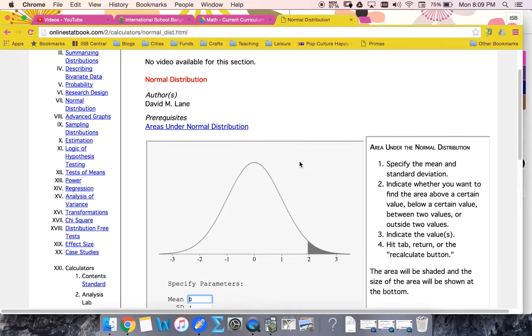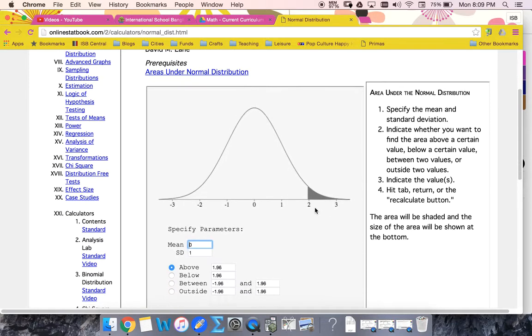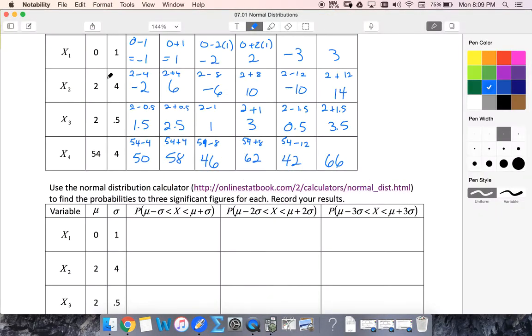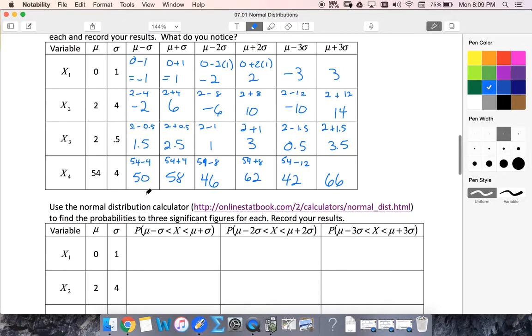This is going to calculate our probabilities for us, and probability is the area under the curve. So in our first one, we had a mean of 0 and a standard deviation of 1, and we want the probability between the mean minus standard deviation and mean plus standard deviation.